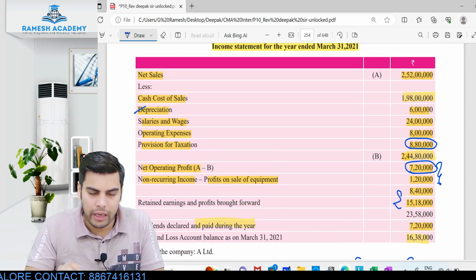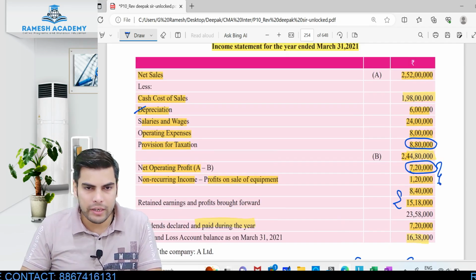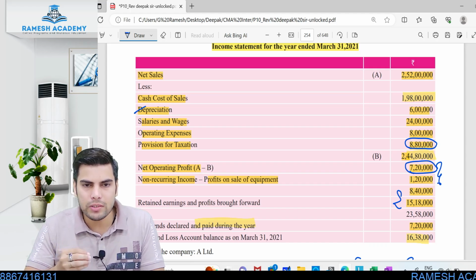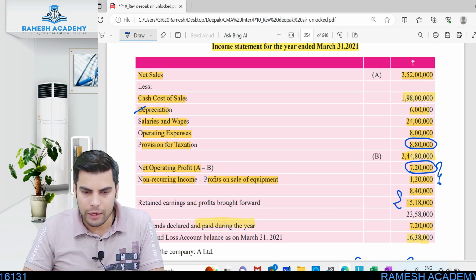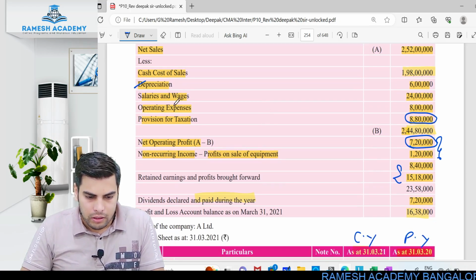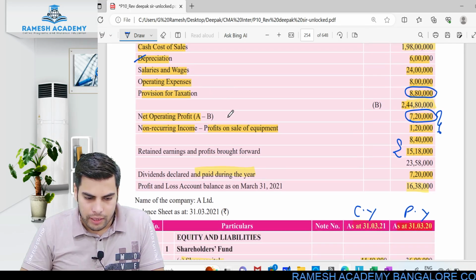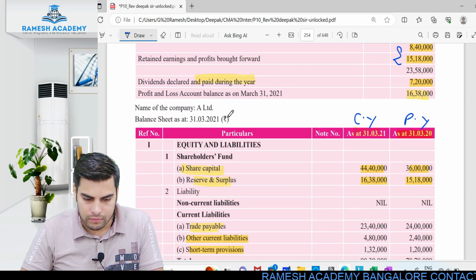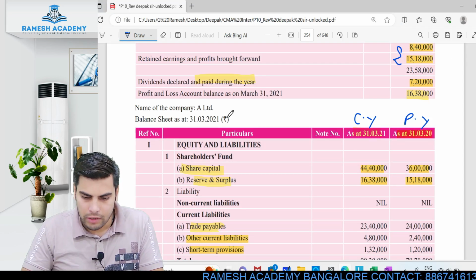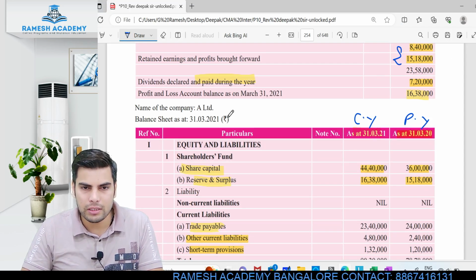Now same way you also need to check out for any transaction which is other than operating activity, that is any expenses which is related to financing activity and investment activity. So let's just look into this. Salary and wages, provision for tax, that's all. So what would be the total? Here we don't have anything else. Do we have anything else? No, nothing.